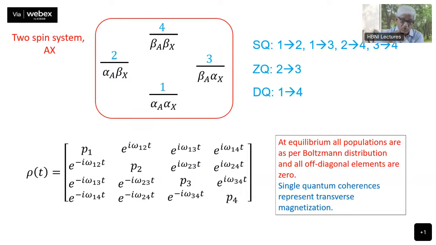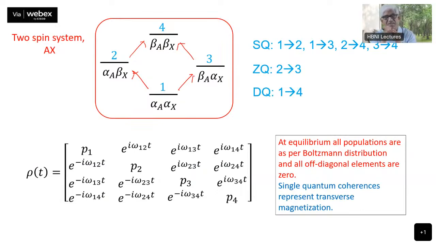We also know that 1 to 2 is a single quantum transition. 1 to 3 is also a single quantum transition. 2 to 4 is a single quantum transition. 3 to 4 is also a single quantum transition. These are also called coherences.